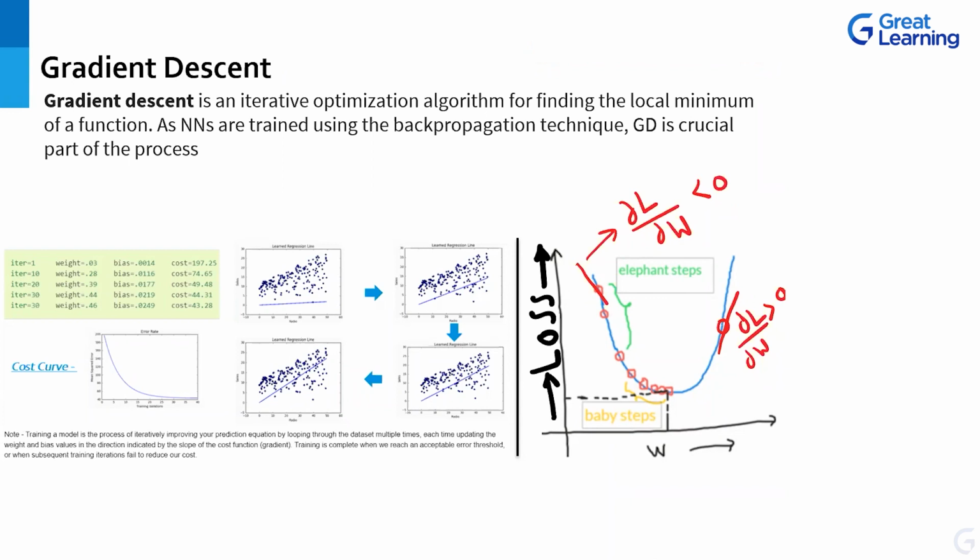We are looking for convergence here, but because of the randomization, it may never converge, or we may end up with less accuracy. But that is a different topic, and we don't get into that part. What I'm saying is, in iteration 1, we start the weights and biases with a random value. Some people start with 0 as well, but randomization is better than 0.